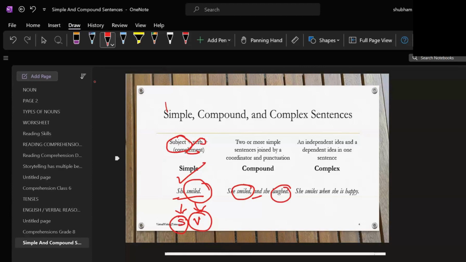Now we'll come on to a simple understanding as to what a complex sentence is. Do you have some understanding of what a complex sentence is? Like very complex, hard. Give me a basic idea of what you understand by a complex sentence. I play after studying.